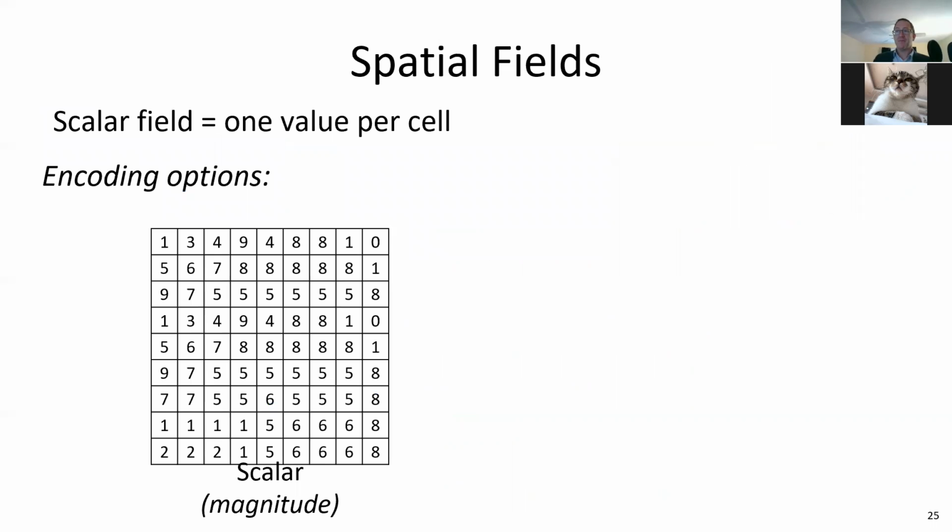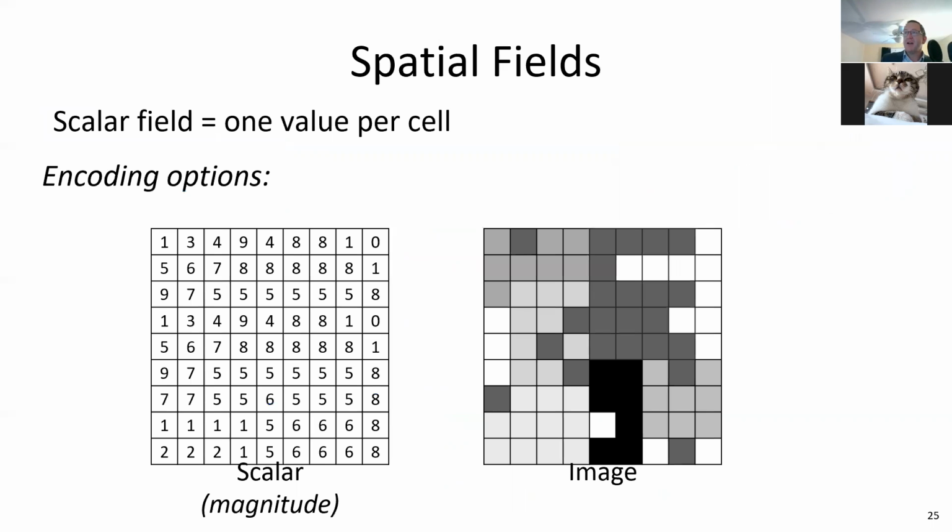So, spatial fields. We briefly talked about this, but here I have a bunch of spatial fields and I can color them, right? If it gets a bit darker, the numbers are not matching between the two, but this would presumably be a very intense area. This is a not intense area right here.